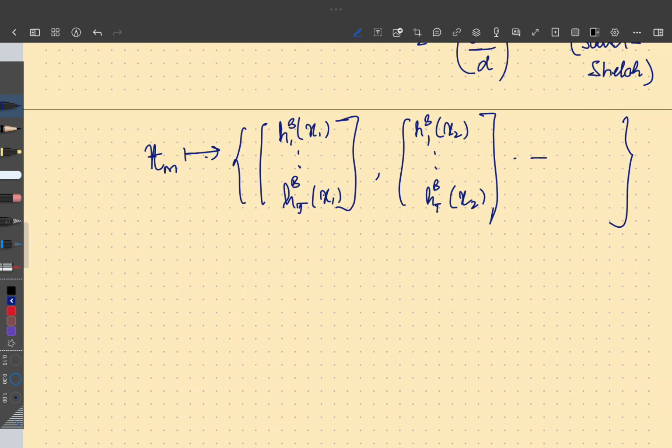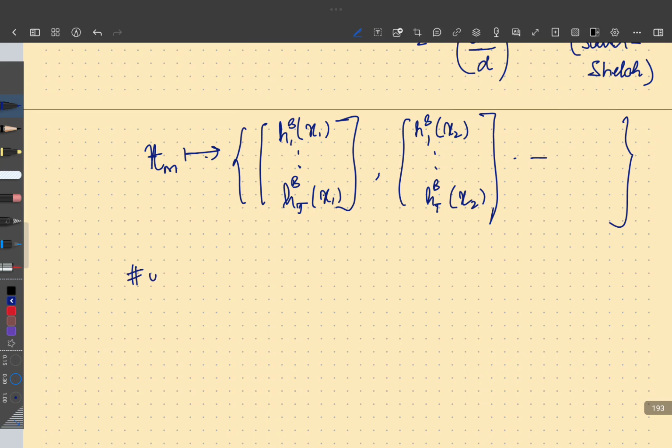Now, there are at most (em/d) to the power d possible distinct configurations that I can get using one predictor. So out of these, I'm supposed to choose T of them.